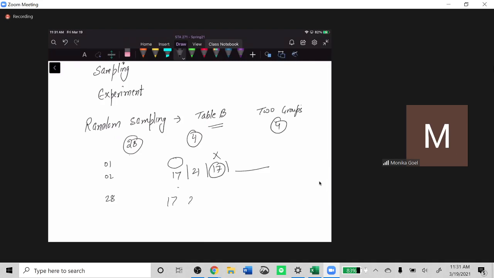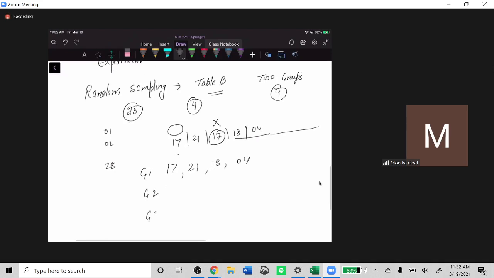Let's say it's 7, 21, and the next number is 18, and then 4. So that's how I got my first group. Again, I will keep on using the line, and I will make my other groups, group 2 and then group 3. Or I can get the first sample in group 1, the second sample in group 2, the third sample in group 3, and keep on doing that until I get 4, 4, 4. And again, it depends how the question is asking you to make the groups.